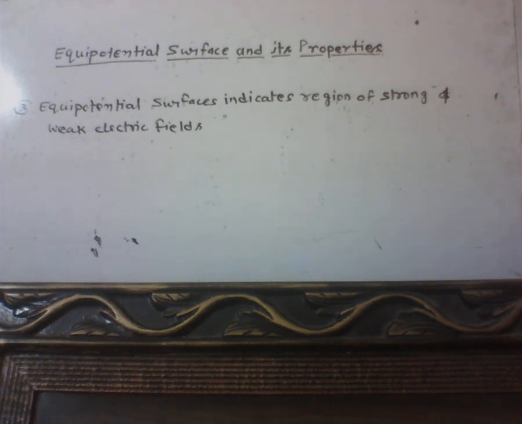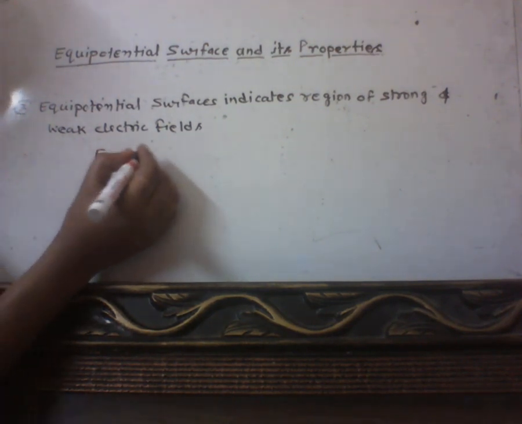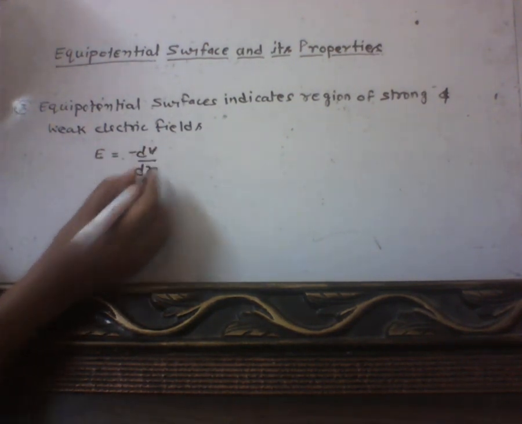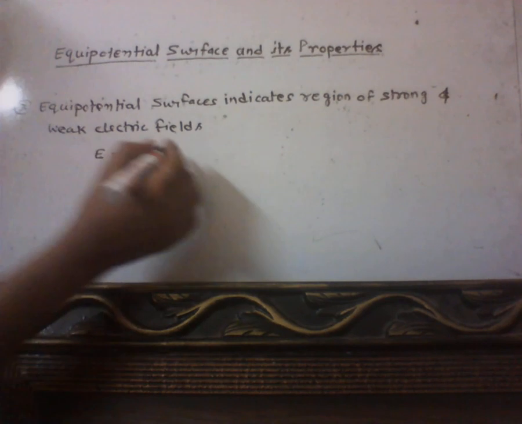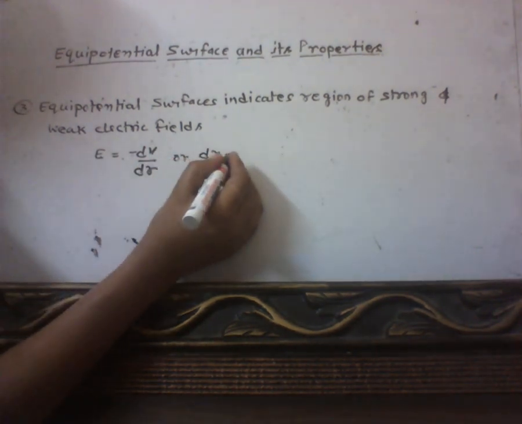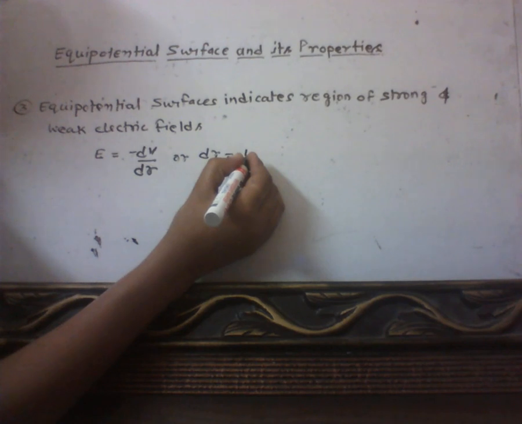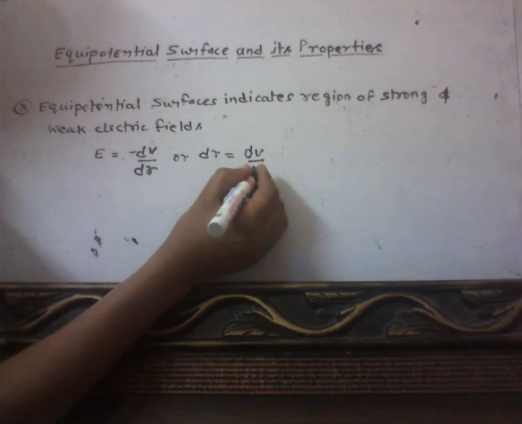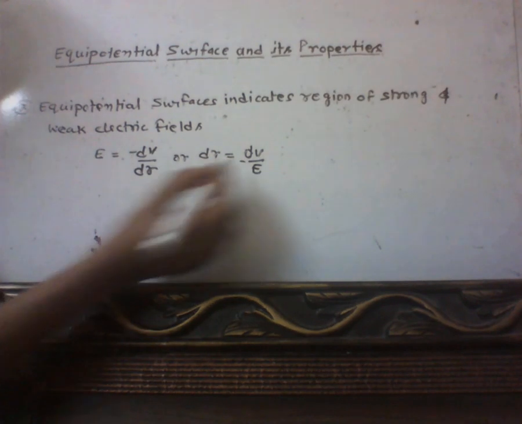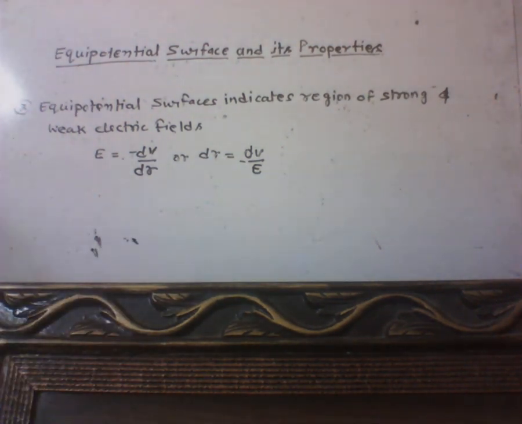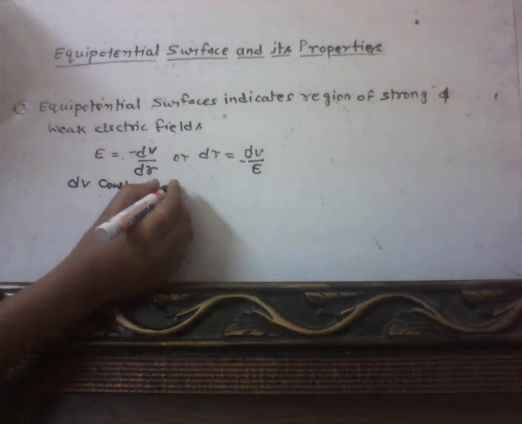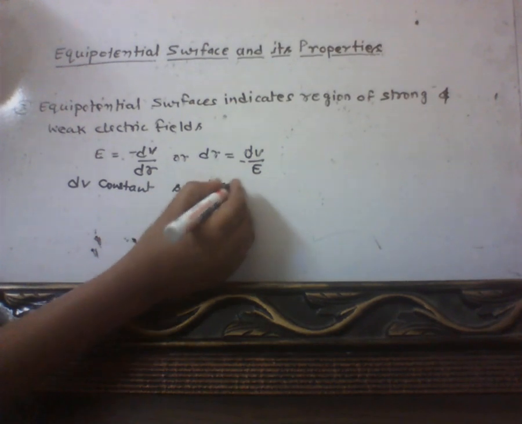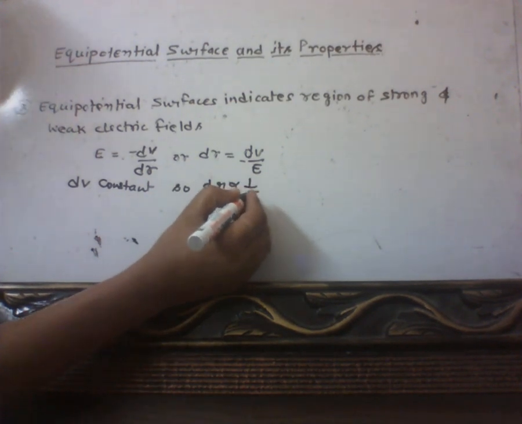As we know, the electric field is the negative gradient of potential, so E can be written as E equals minus dV upon dr, or dr can be written as minus dV upon E. As it is an equipotential surface, the value of dV is constant, so dr is proportional to 1 upon E.